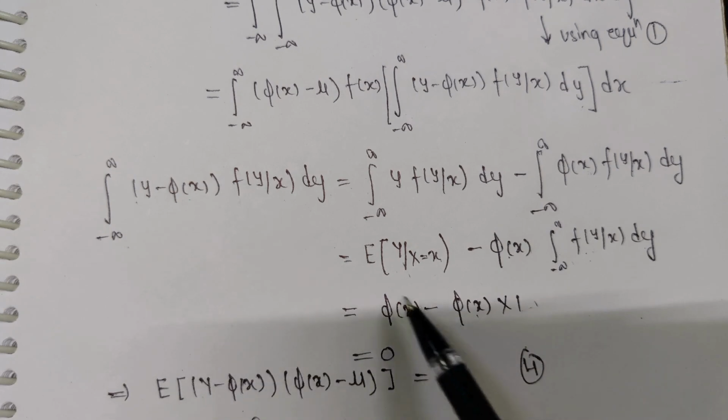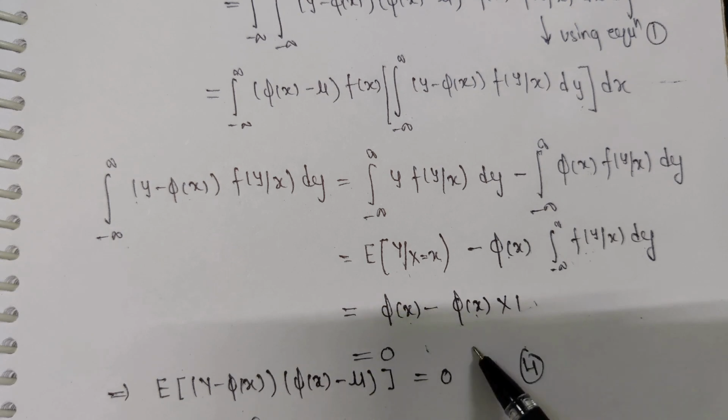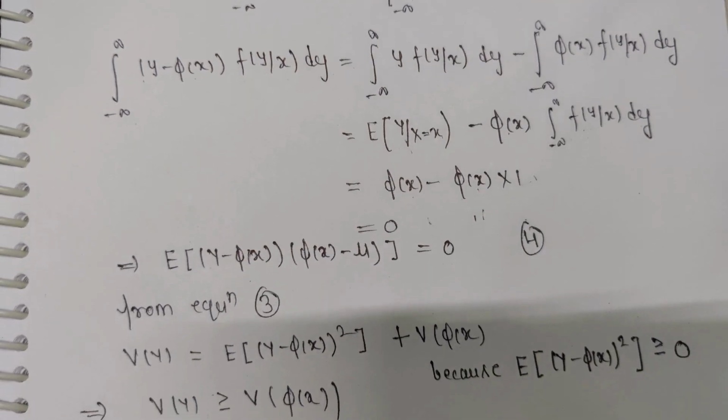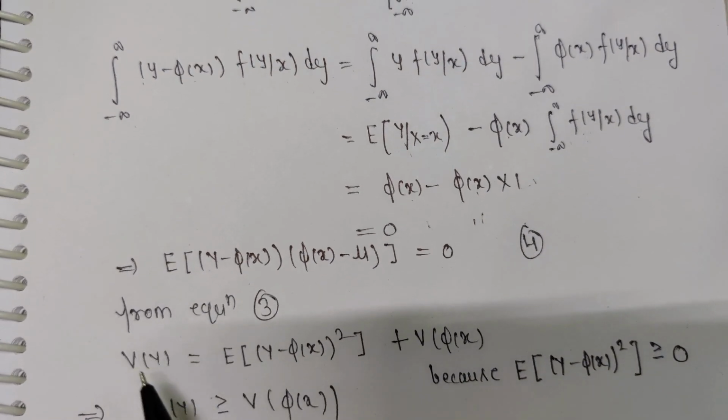Okay, so now if we put this value in equation number 3, then what we get is the expected value of (Y minus phi(X)) into (phi(X) minus mu) equal to 0. Then equation number 3 becomes: variance of Y is equal to the first term, expectation of (Y minus phi(X)) square, plus the second term, variance of phi(X), and the third term becomes 0.